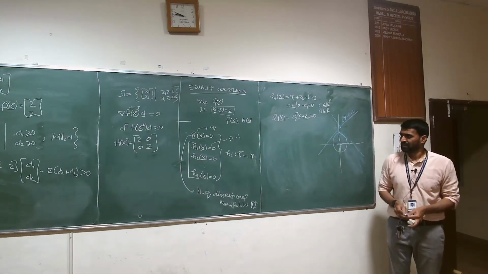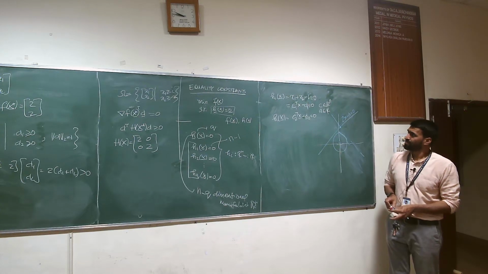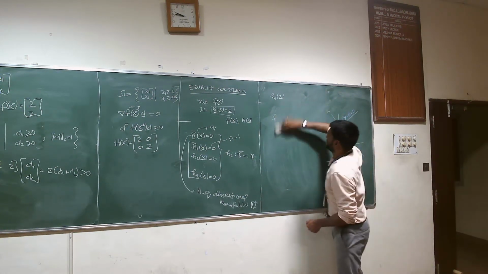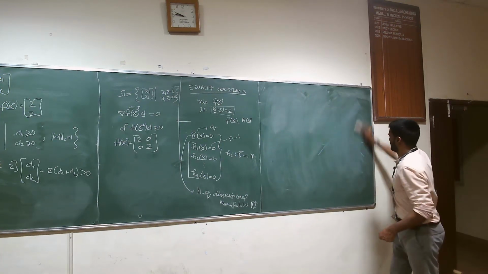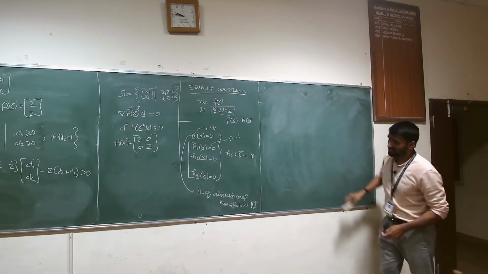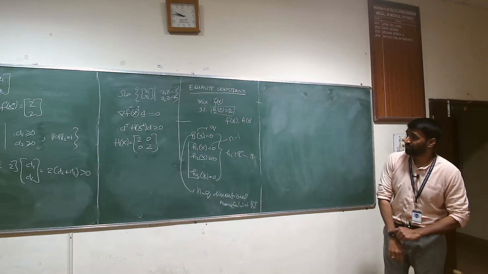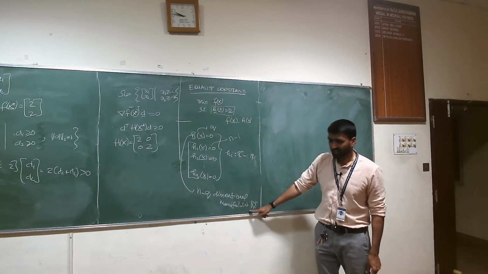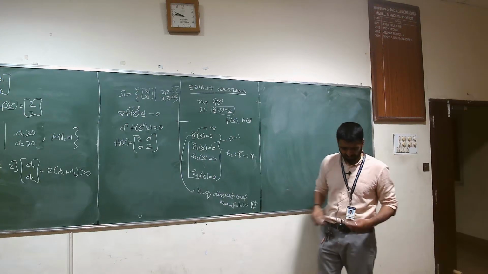Is that clear? That's the first thing to remember, that the equality constraints effectively describe an n minus q dimensional manifold.